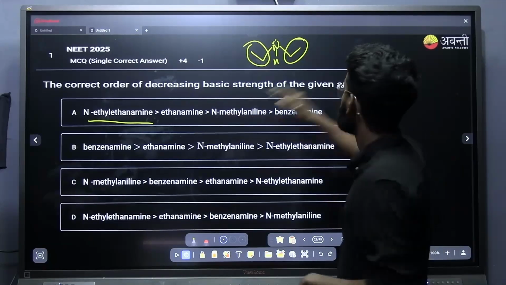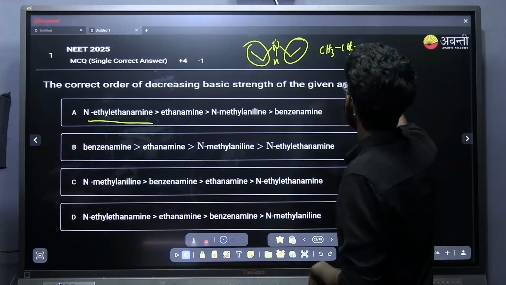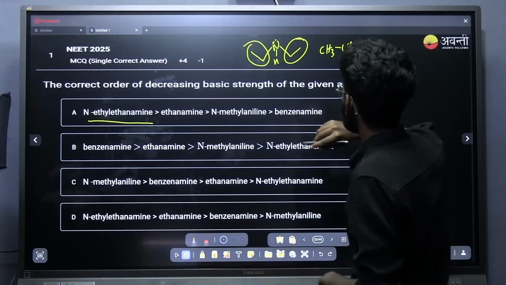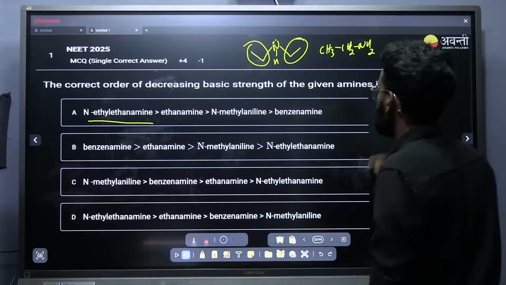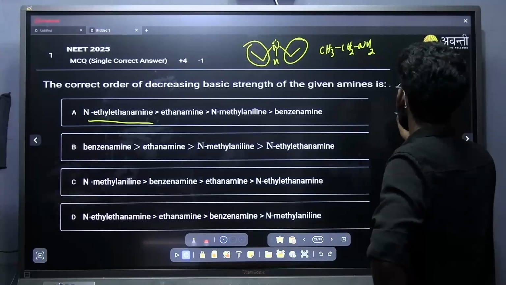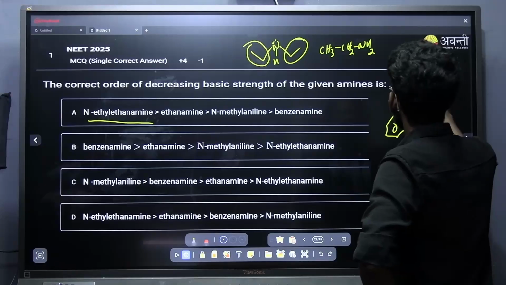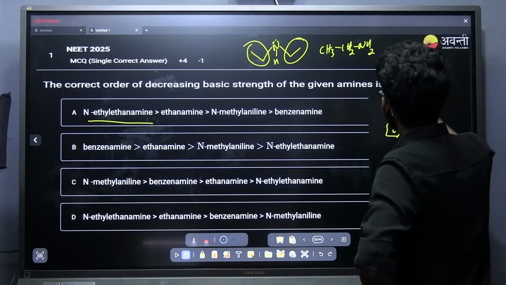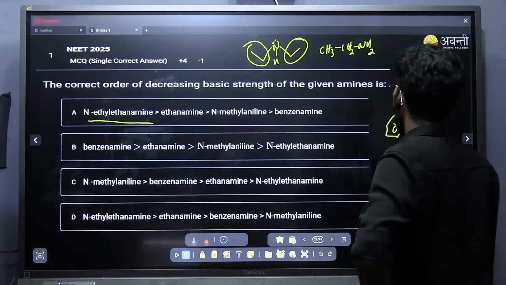And in the case of ethanamine, it is CH3CH2NH2. Then N-methyl aniline, and then benzene amine, that is aniline.